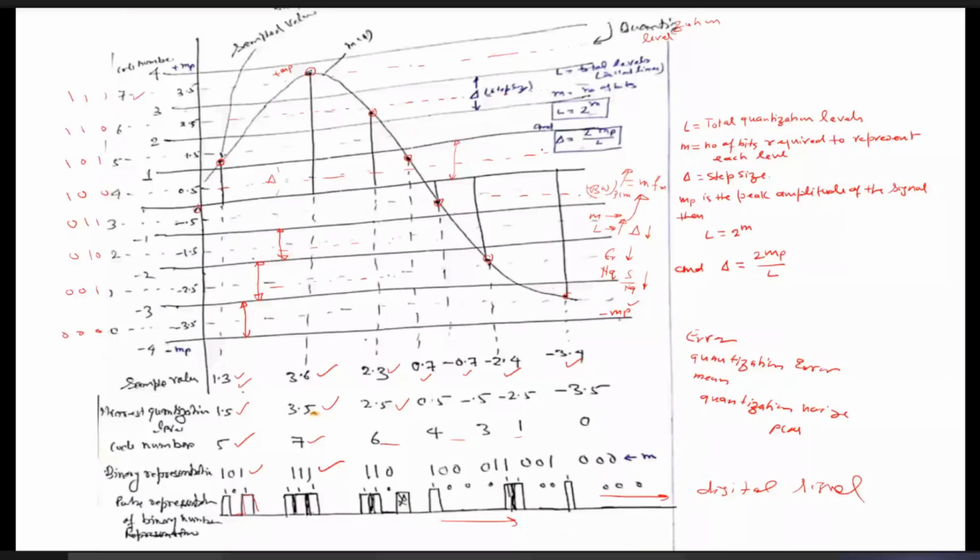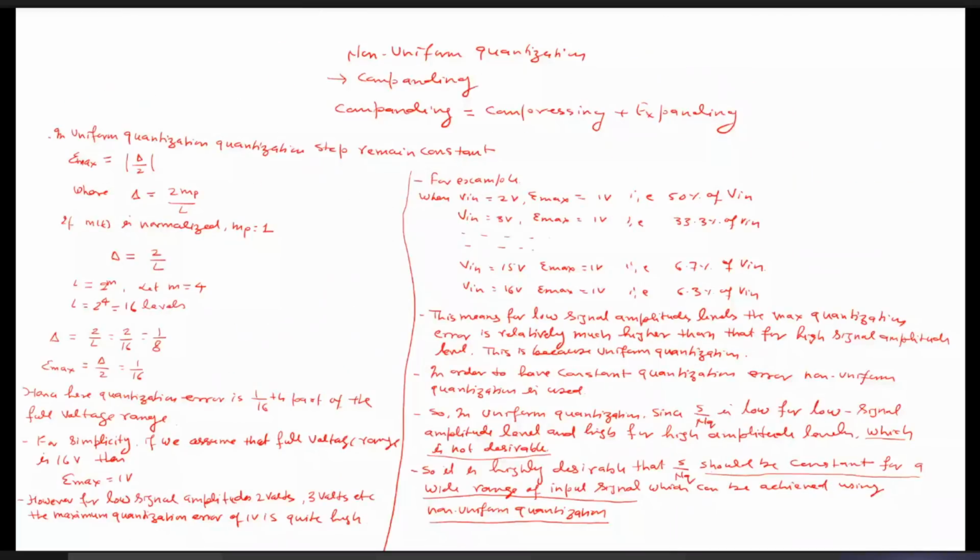Now, as we have seen that there are certain issues with uniform quantization, we go for non-uniform quantization. So why do we go for non-uniform quantization?